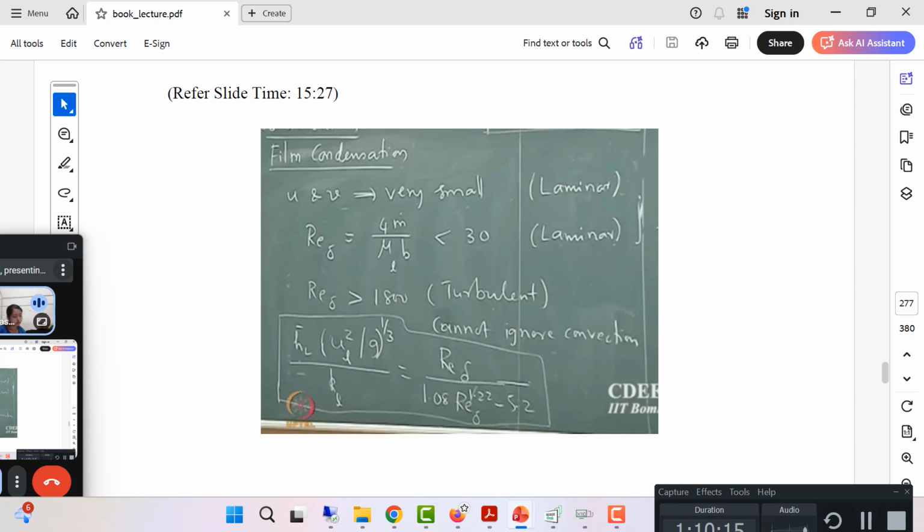So again, this Q can be written as m dot into HFG.